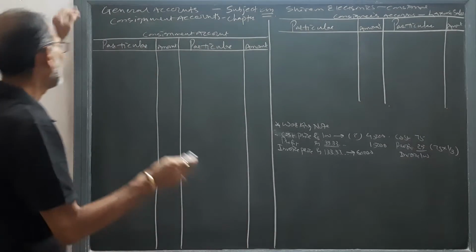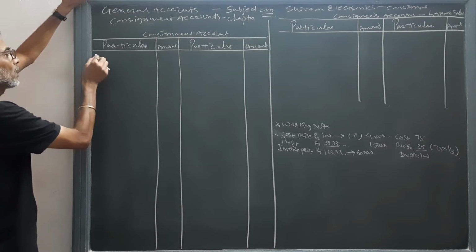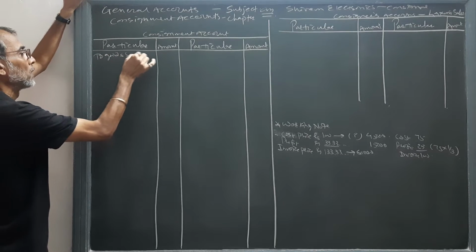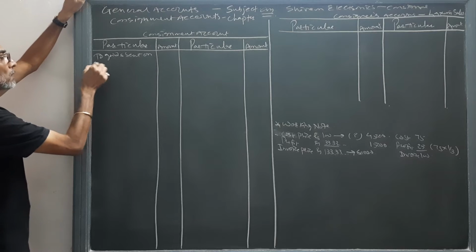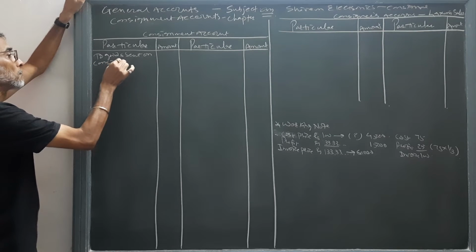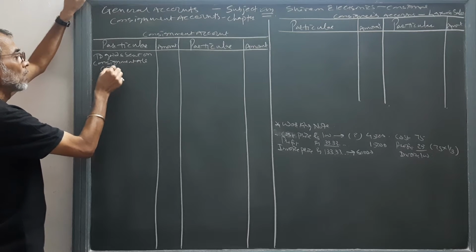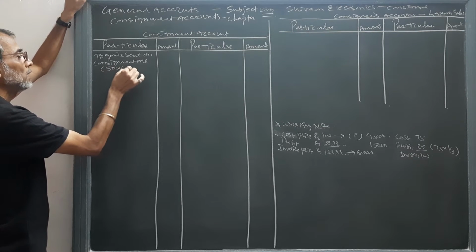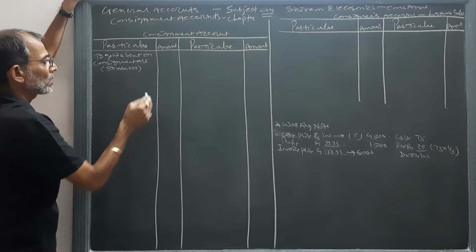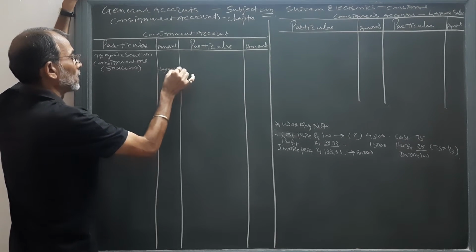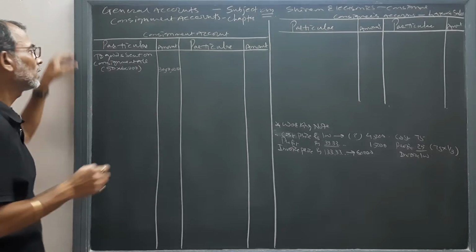Now on the debit side of the consignment account, goods sent on consignment, 50 laptops each at rupees 60,000. So amount would come to 30 lakh.